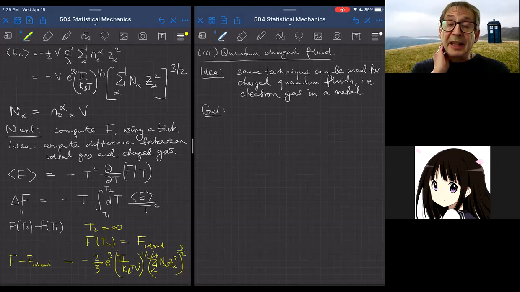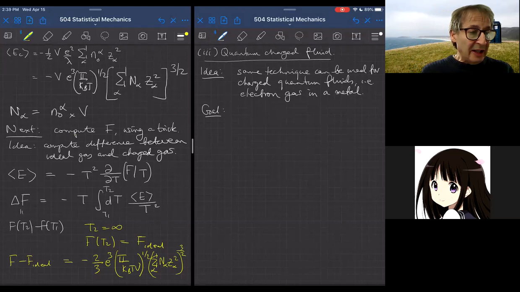You're neglecting the electron-ion interactions, which may arguably be weak, but the electron-electron interactions are certainly not weak. And so why is it justified that you can think of the electron gas in a metal as behaving as ideal electrons? This calculation is the one that tells you how you can do it.